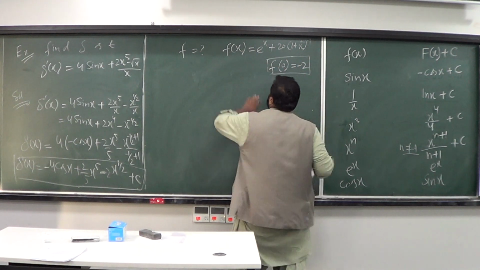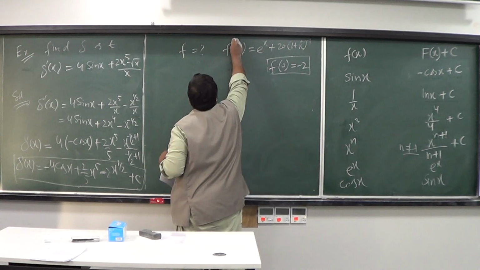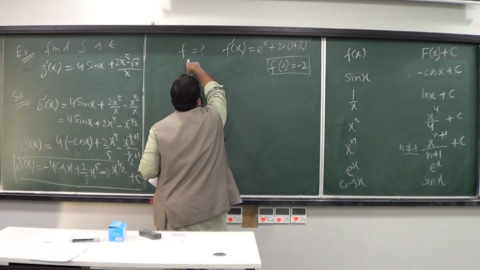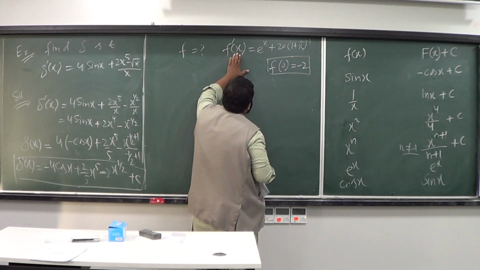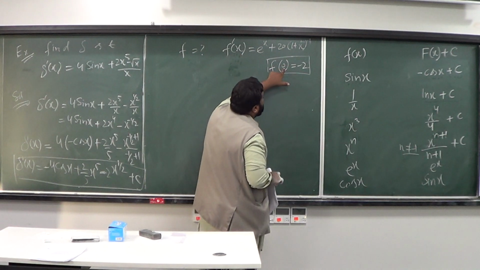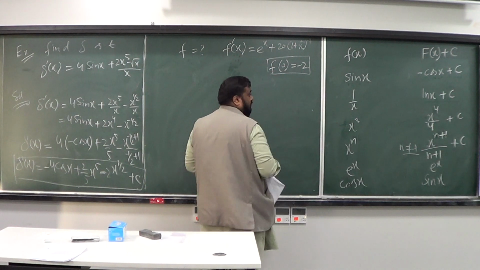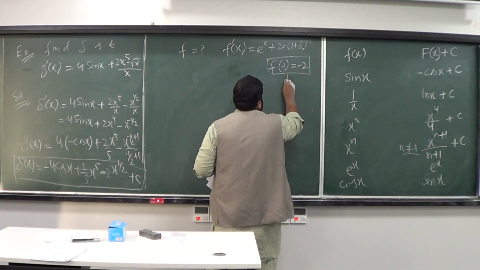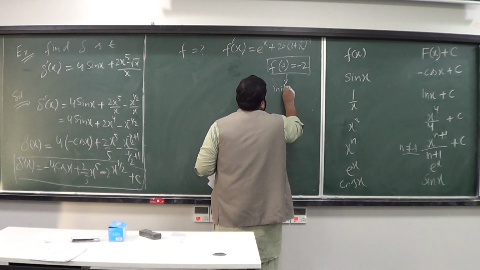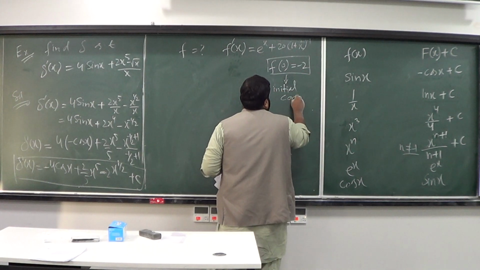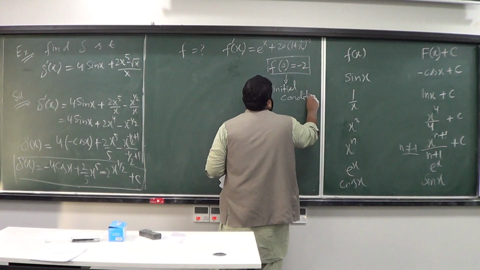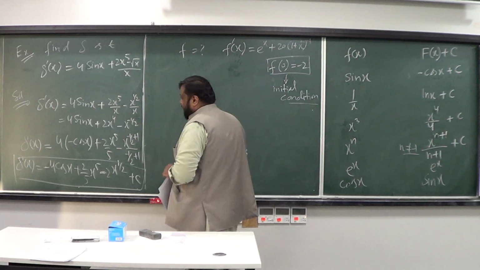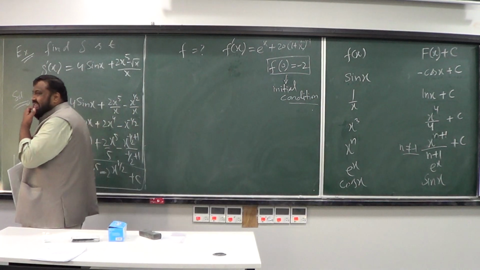So you not only have to find f, but you have to find such an f in which if you substitute 0, you're going to get minus 2. These are called the initial conditions, some additional conditions actually. This is an initial condition. This is what you have to find.